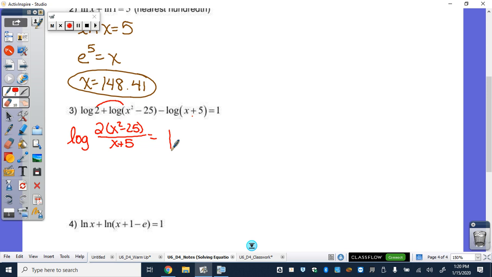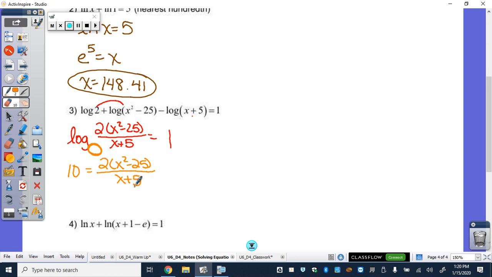So first exponential form, what's our base? What is it if there's no number written? 10. I wasn't writing 10, I was putting a circle like it should be here, but what number would be there? So it's 10 to the first, so 10 equals 2 times x squared minus 25 over x plus 5.